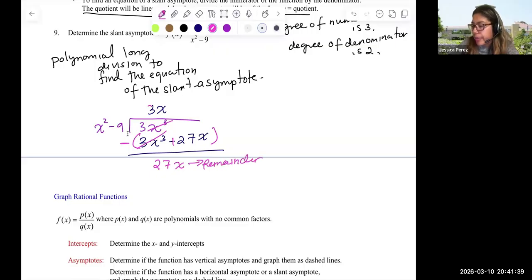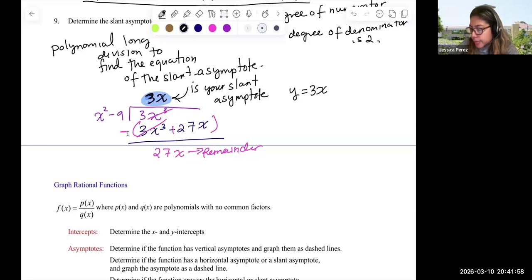But I don't care about the remainder. I only care about the quotient. What number did you get up top? That number was 3x. So this 3x is your slant asymptote, which is the equation. So you're going to have y equal 3x as a slant or oblique asymptote.